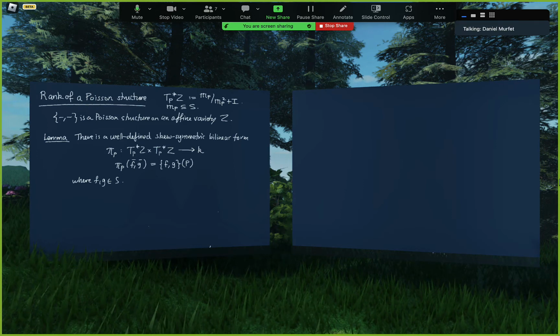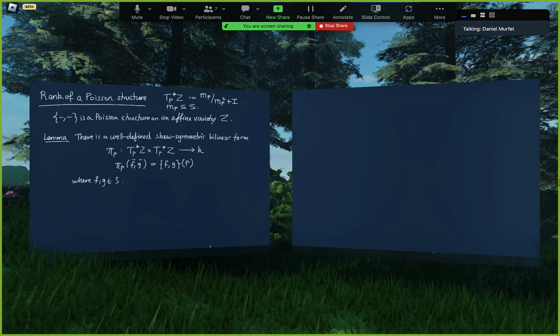Since I is contained in MP, it doesn't really matter. I could have introduced new notation for this ideal in S, the quotient ring. I didn't think to. So what I really mean by this lemma is pick representatives in S, right? Because MP is viewed as an ideal in S.